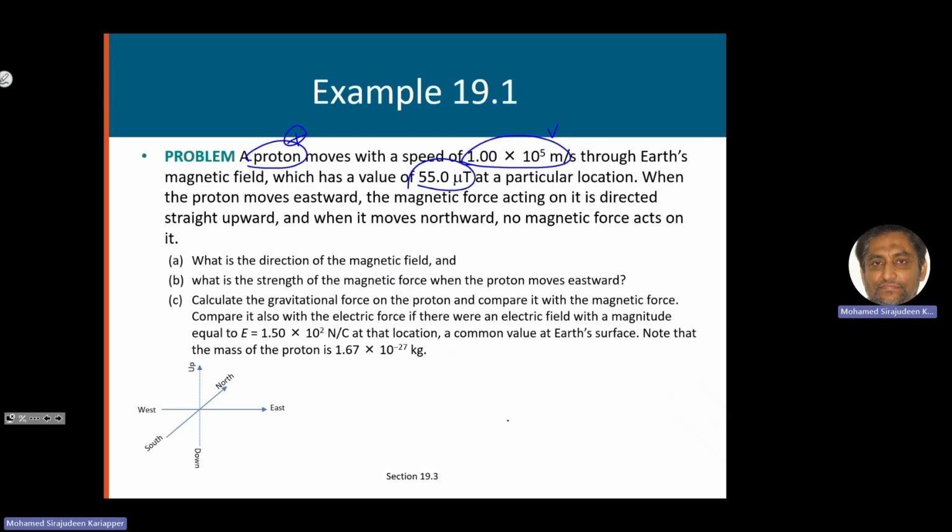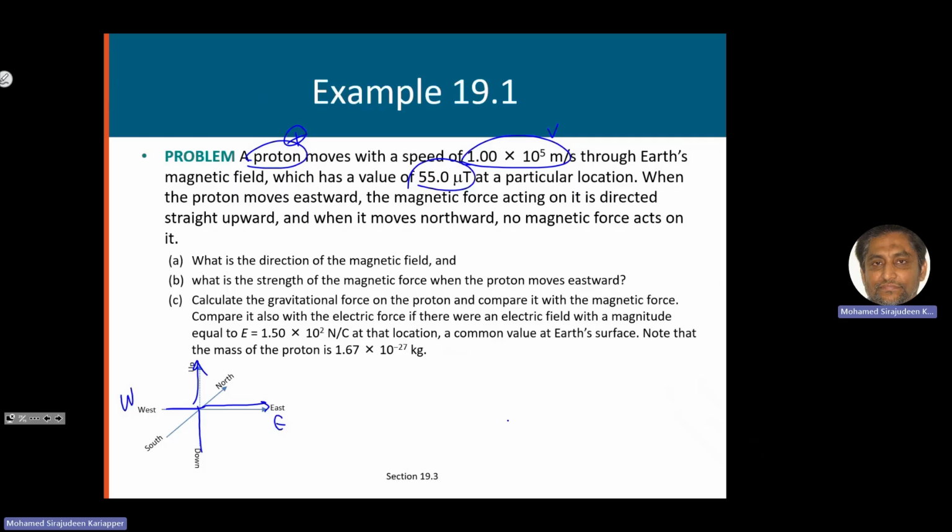When the proton moves eastward, here we have this direction. The board is vertical here, and let me take east to the right. So this is east, and west will be the opposite direction. Up and down are also on the board. So east, west, up and down are in the plane of the screen. What about north?